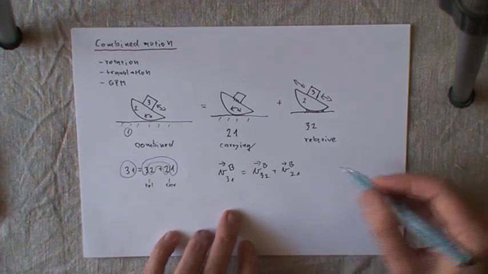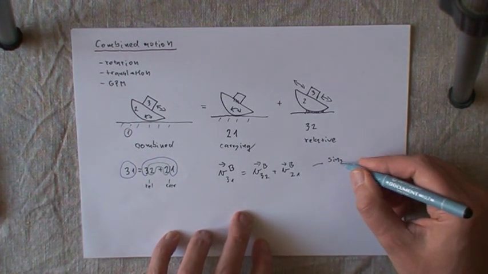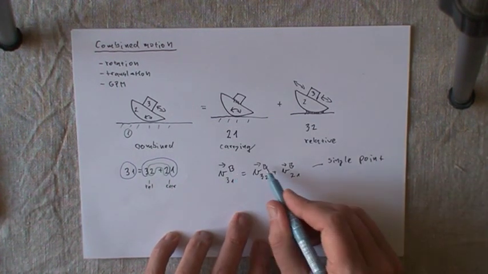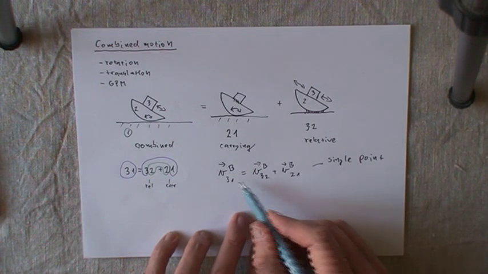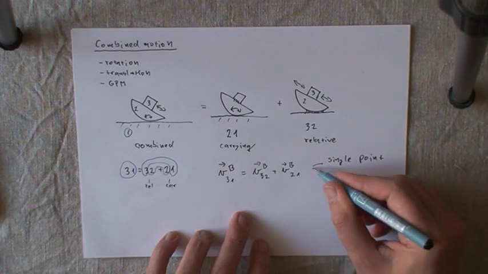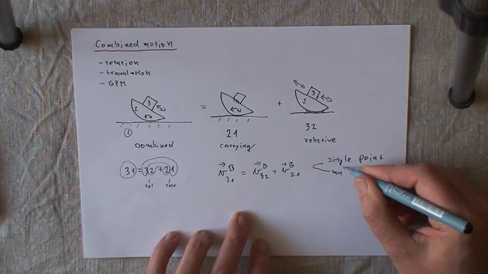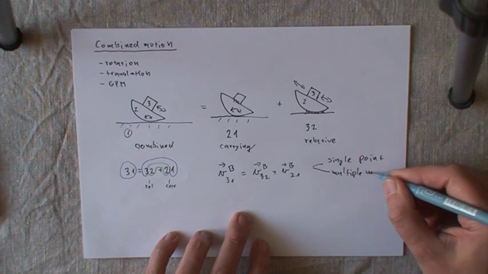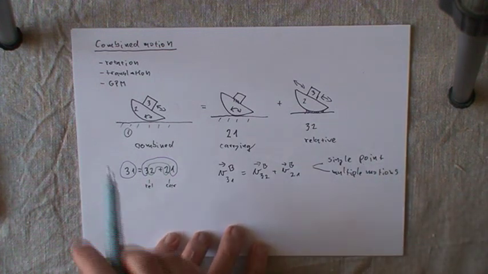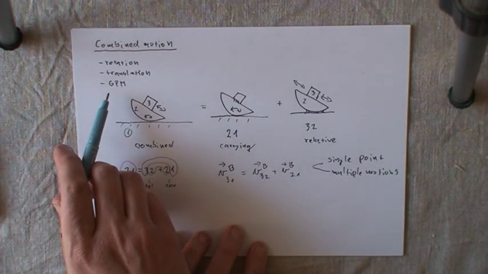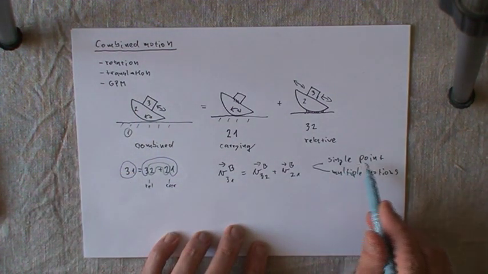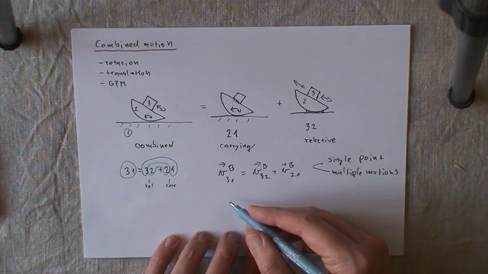So we have a single point, and we have different motions of different bodies with respect to different bodies. So we have a single point and multiple motions. This is in contrast with the general planar motion, where we had a single motion and multiple points. Okay?